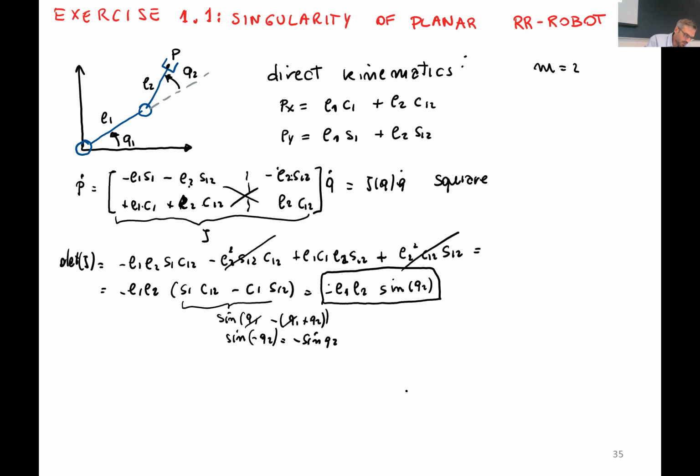And so we can check this in a symbolic way. It's simple, it's a single equation. And the single equation is sine of q2 equal to 0. We see that we don't have any dependency on Q1.